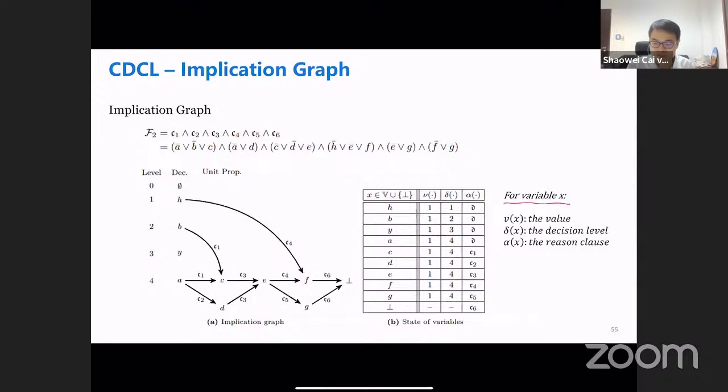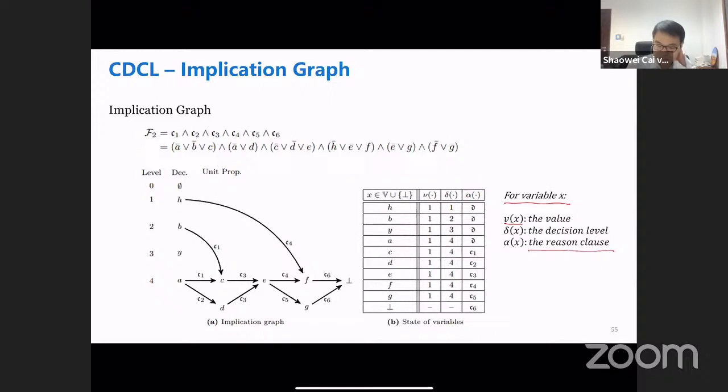Specifically, for each variable x, we use vx as its value under the current assignment. And we have delta x, the decision level. And we have alpha x, which is the reason clause. If the value of the variable is implied, then it has a reason clause.